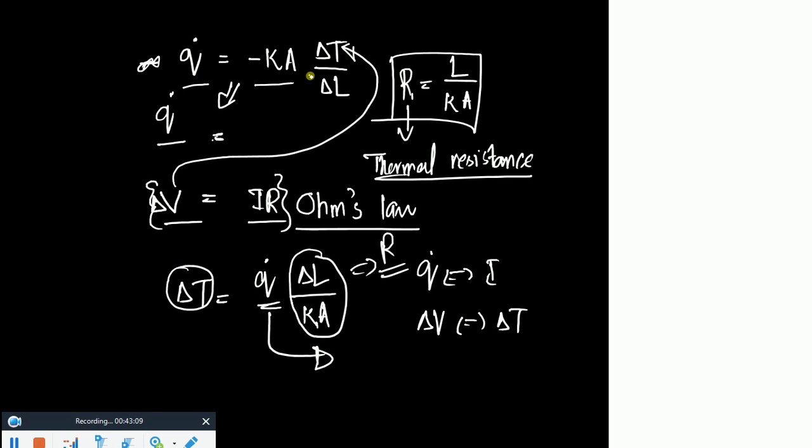You understand this thing? Fourier law of heat conduction. If I have this Fourier law, Q dot equals minus kA delta T by delta L, and remember those analogies. Q dot is analogous to current. Why?